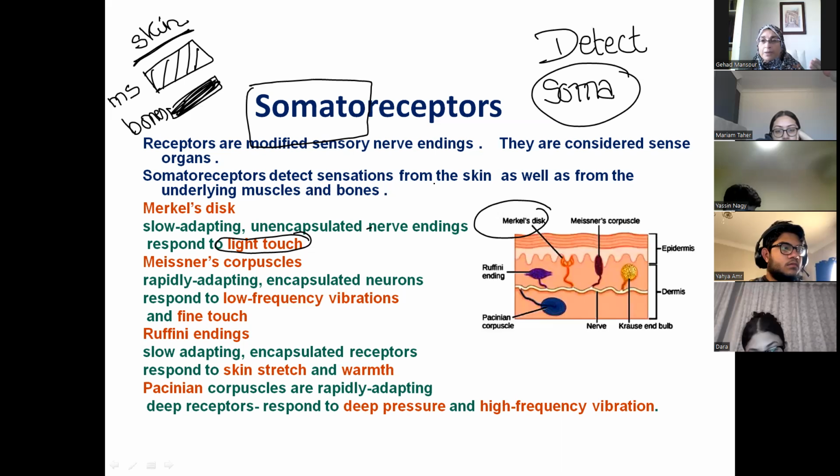So this is rapid adaptation, meaning rapid diminution of the intensity of the sensation. Slow adaptation means also a diminution in the intensity of the sensation, but slowly.